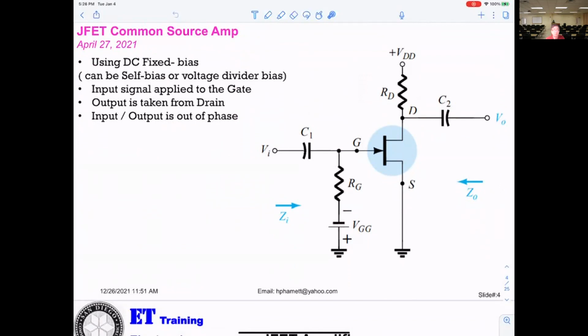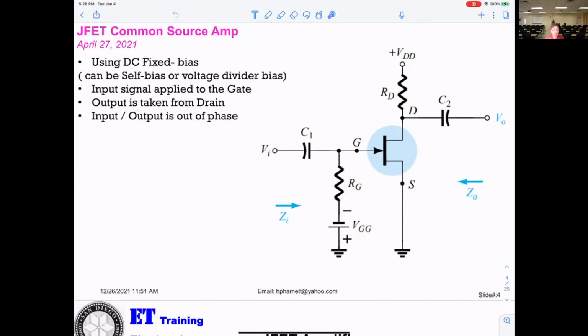You can build the amplifier either using fixed bias, self bias, or voltage divider bias. That doesn't matter. However, what I want is, when you look at the circuitry, you are able to know whether it is a source amplifier, drain amplifier, or gate amplifier.